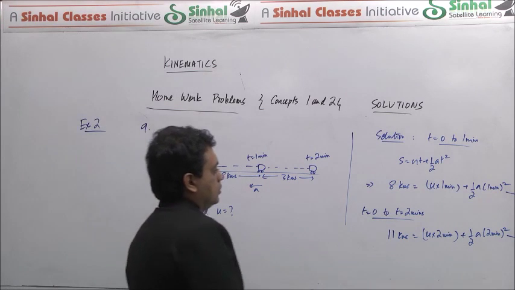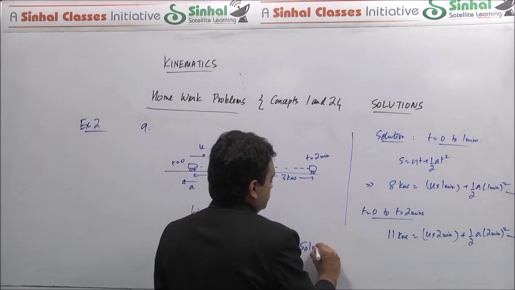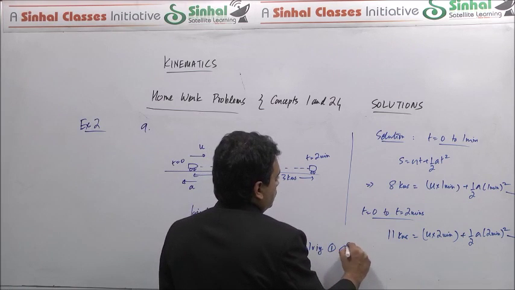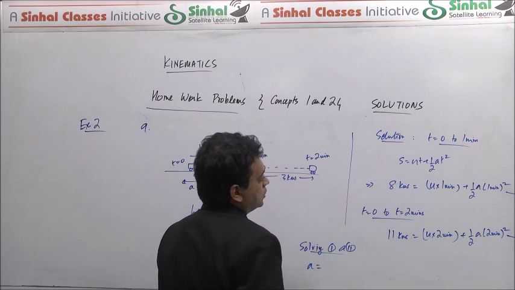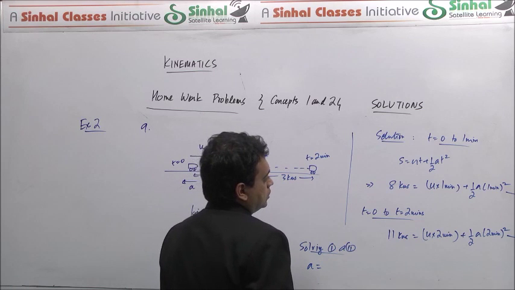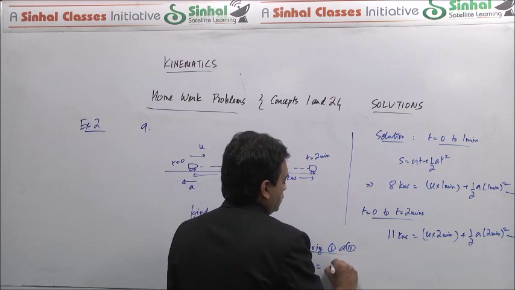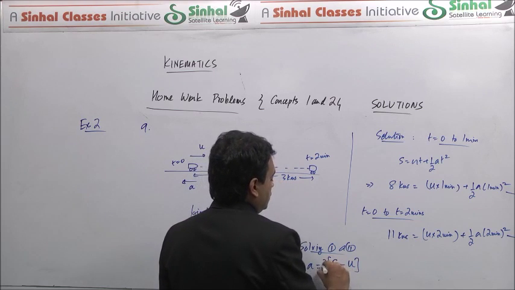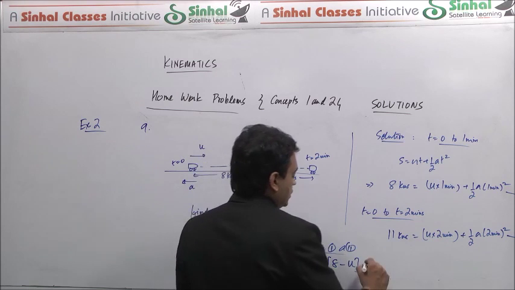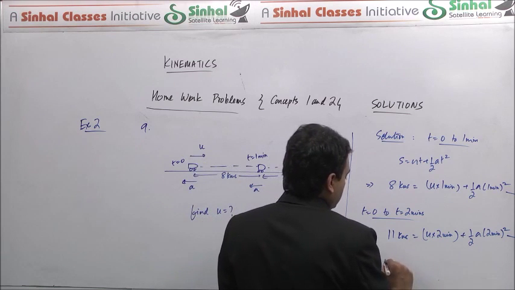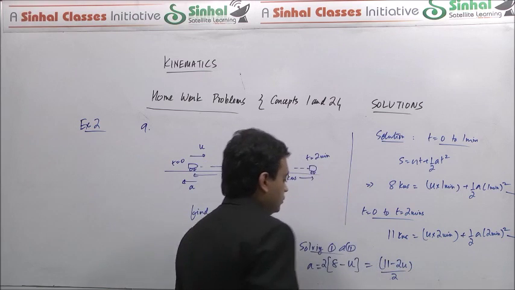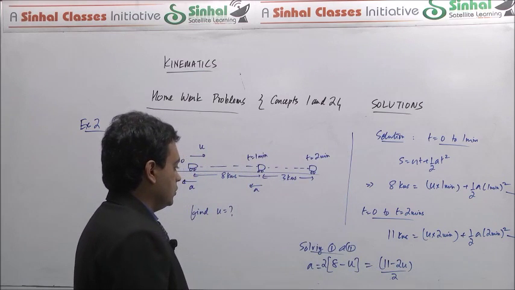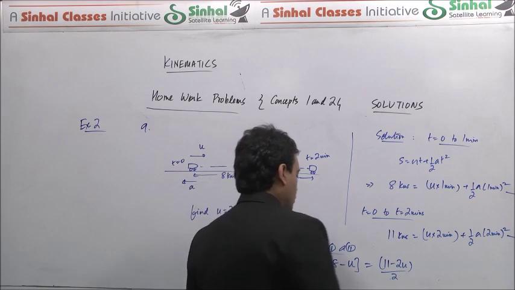So for example, the value of a from the first equation is how much? It is 8 minus u, whole thing multiplied by 2. And from the second equation, it is 11 minus 2u divided by 2.